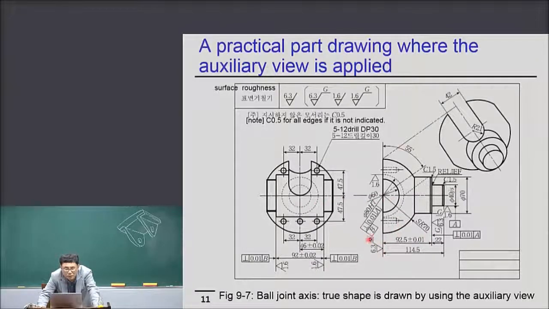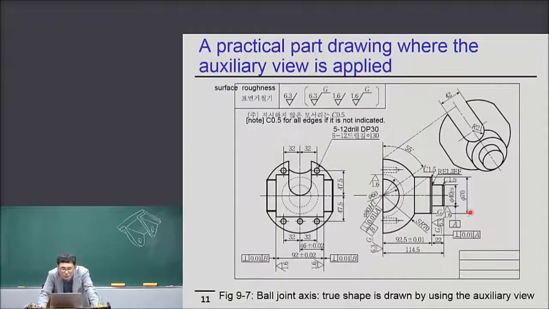Yeah, here, 6.3 G. Okay, right. And what about 1.6 without indicating any machining process? 1.6 here, and here, and here. And 1.6 Ra using the grinding process.